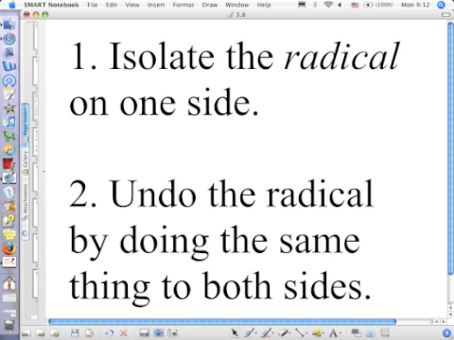If it's a square root, you're going to undo it by squaring. If it's a cubed root, you'll undo it by cubing. But remember, in equations, anything you do on one side, you got to do to the other side. Then you're going to undo the radical by doing the same thing on both sides of the equation.